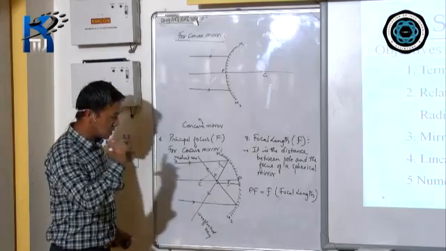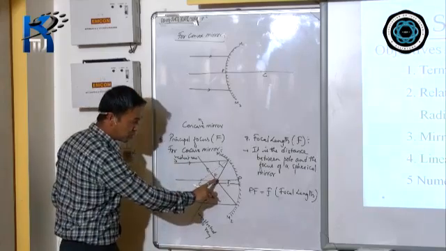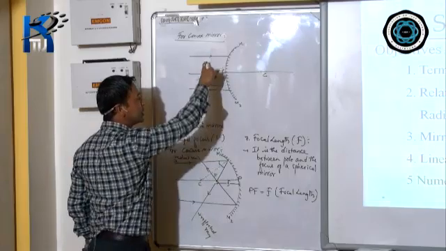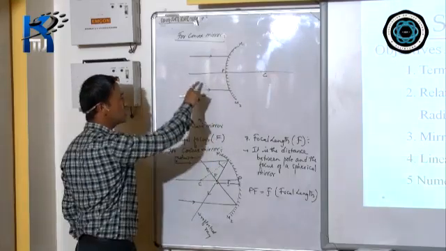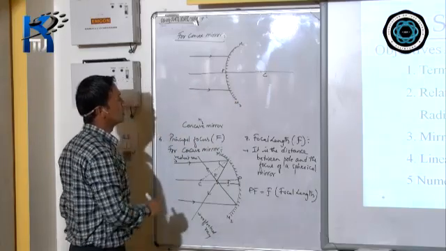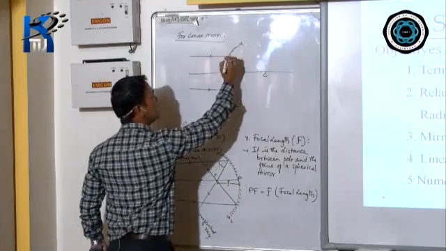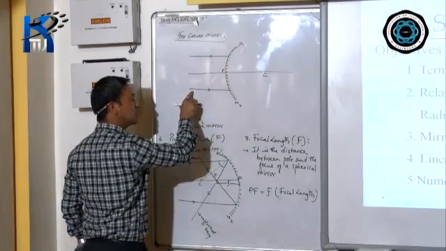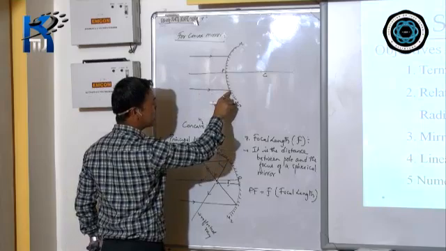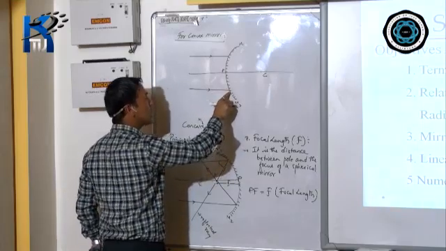One thing you have to keep in mind: when we define principal focus, the incident ray must be parallel to which axis? Principal axis. So if this is the incident ray, this point acts as the point of incidence. What happens?